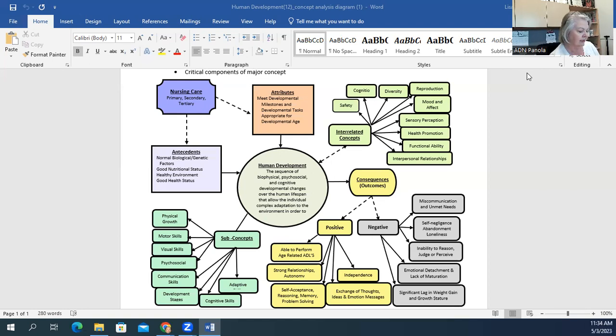And then I want to look at cognitively impaired older adults. So one of the main things I want you to take away from this is most healthy older adults have no noticeable decline in cognitive abilities. That means it is not a normal process of aging to have a decline in your thinking processes.